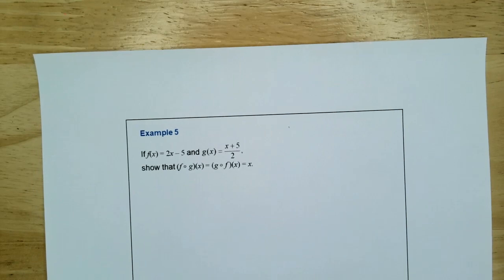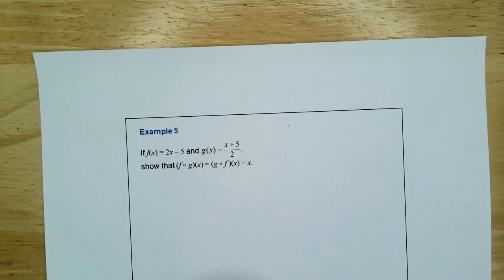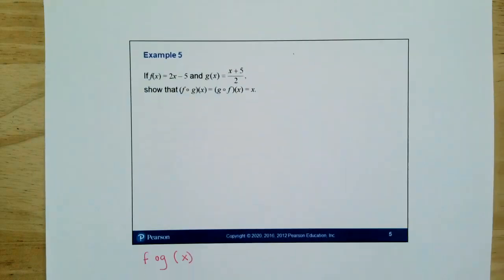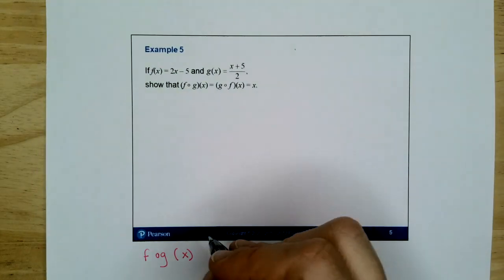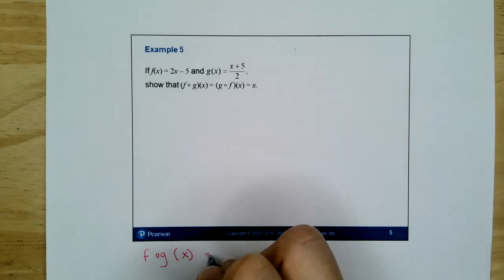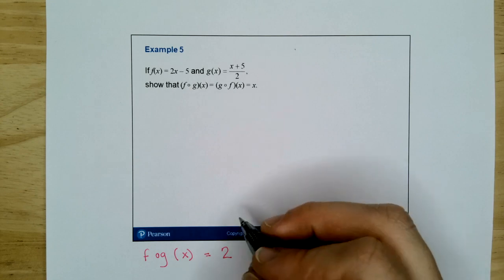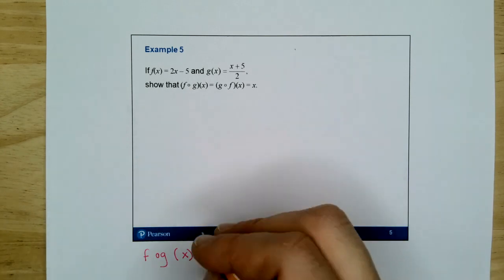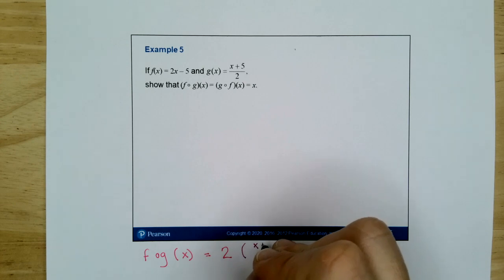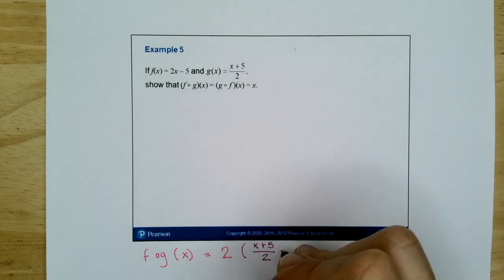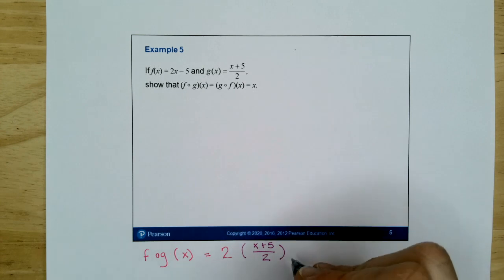Okay? So, f of x is equal to 2x minus 5, and g of x is equal to x plus 5 over 2. Let's find f of g of x. F of g of x is 2x minus 5, but instead of x, I'm going to put in x plus 5 over 2 minus 5.